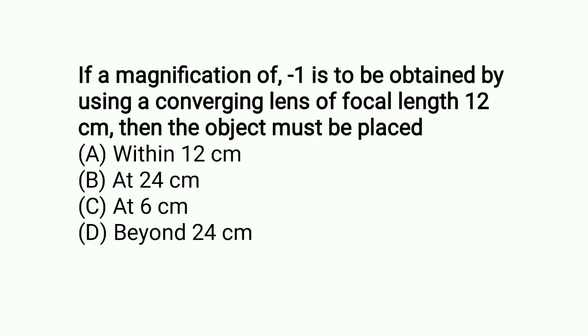Next question. If a magnification of -1 is to be obtained by using a converging lens, that is the convex lens, of focal length 12 centimeter, where must the object be placed? You see the magnification is -1, which means the image is of the same size.